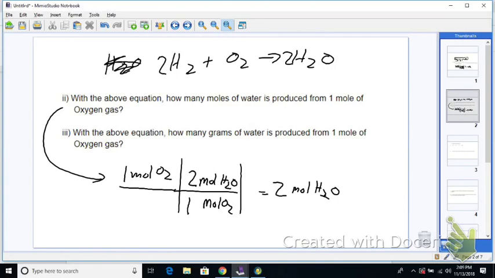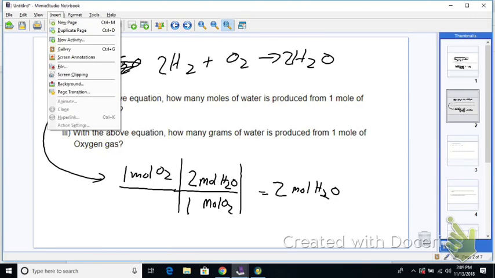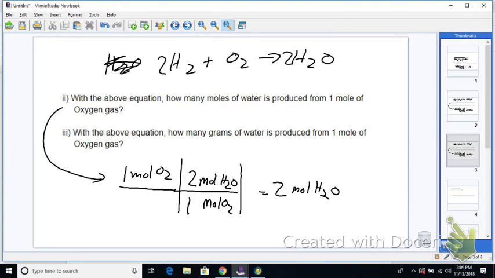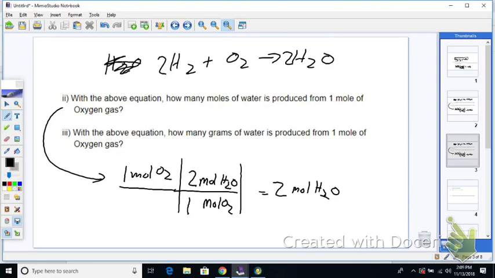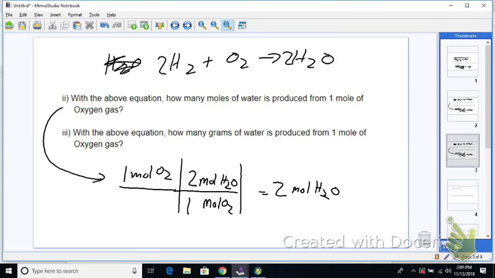Now the last one is a little different. The last one is how many grams of water is produced from 1 mole of oxygen. I'm not going to erase that because this is 2 moles of water.